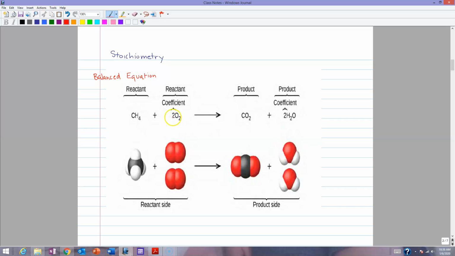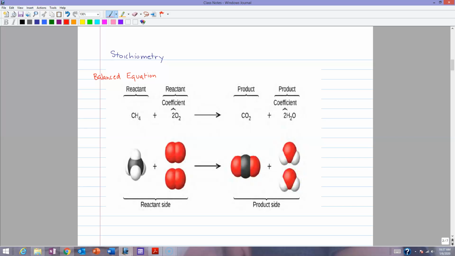I'm going to balance my equation by putting a coefficient of 2 in front of oxygen and 2 in front of water. What that means is that for every one methane, I'm going to need 2 oxygen molecules, and it's going to produce 1 carbon dioxide and 2 water molecules.